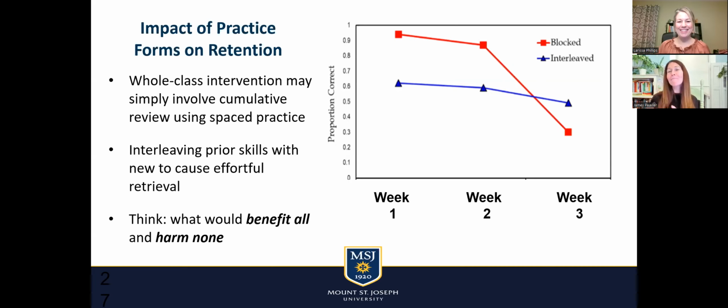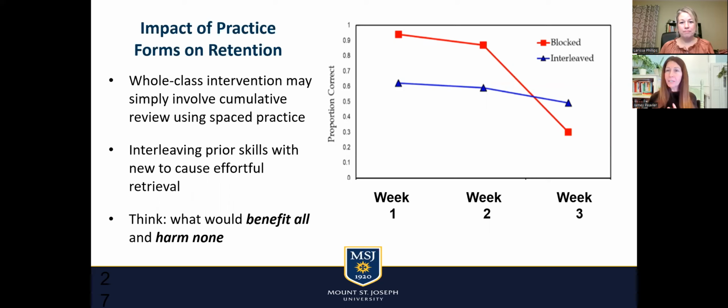But what I'm doing is really a mixed review. And those mixed review opportunities give my brain a chance to have some productive difficulty, because when I do the same type of problem over and over again, I kind of go on autopilot and I don't really think about what I'm actually doing.